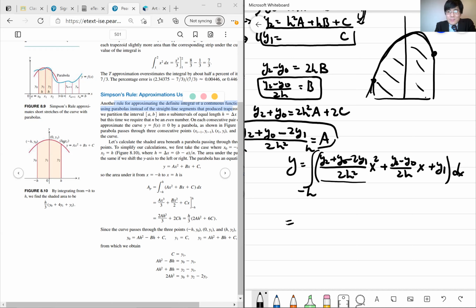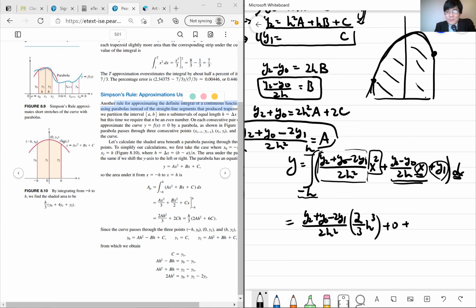The coefficient is just a constant number, independent of x, so we leave it as it is. When you integrate x squared, it's going to be one third h cubed times 2. And the x term disappears because it is an odd function, so when you integrate from negative h to h, it disappears.